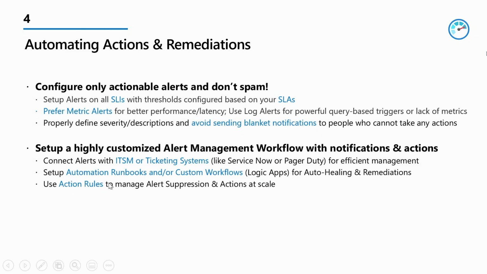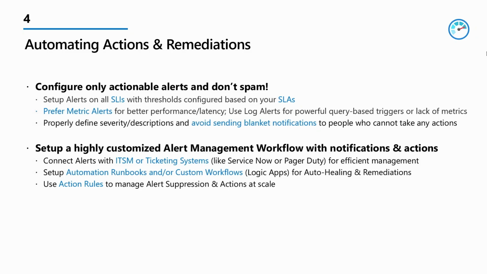There are action rules available as well that can help you manage these alerts at a broader policy level scale. So you can set up suppression logic or configure actions at scale. As an example, you might want to say that for all severity 0 alerts in your environment, you immediately want a voice call or a push notification, but for any other alerts, you are satisfied with just an email.